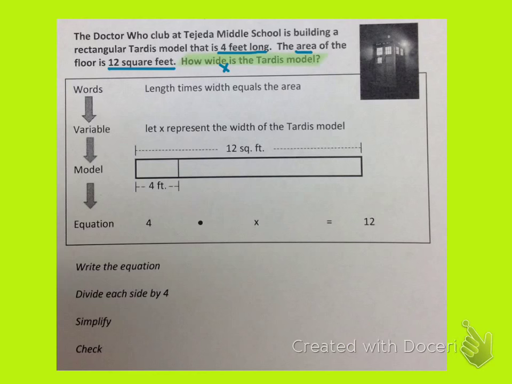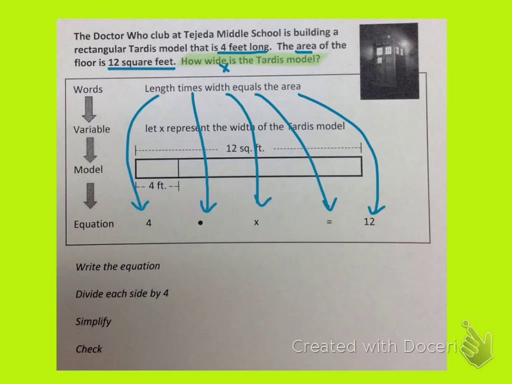So we have the length, which was 4, times, which is our little dot, and then the width, which is our unknown, so that's the x, equals, and then the area, which is 12 square feet. So we have our equation. Now we need to solve. So let's rewrite the equation. 4x equals 12 because 4x is the same thing as 4 times x.